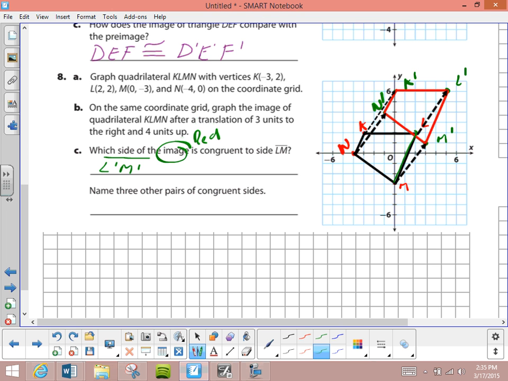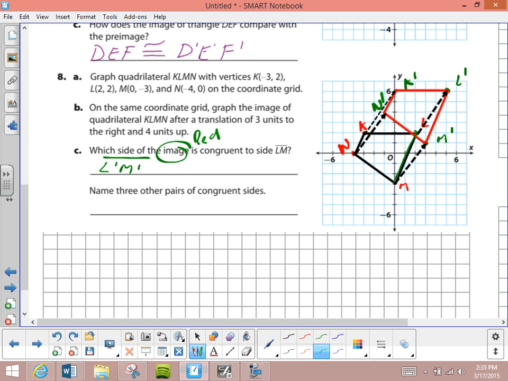But you need to understand, the line on top means you're talking about a segment. Oh, well, make sure you do it for next time. I understand what you say, but make sure you do it.